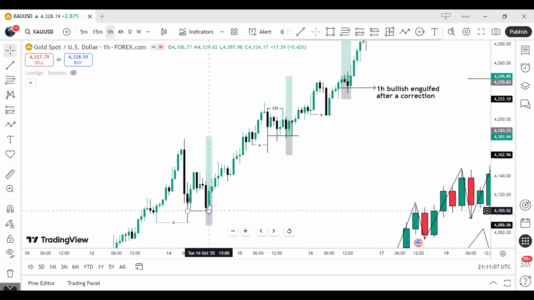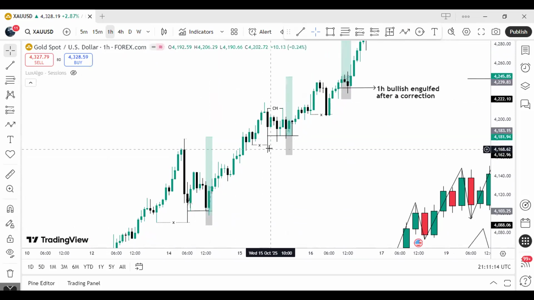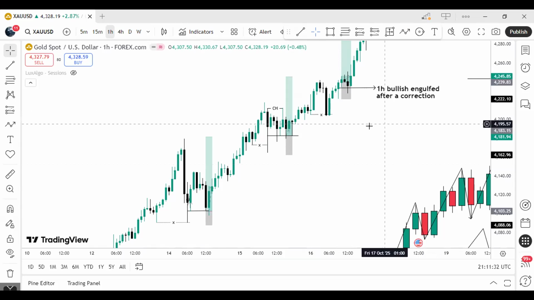So I caught this trade here. It printed me 5R, pure 5R. And I caught another one on the 15th, right? October. It was during London session. This one was actually yesterday's trade during New York session, I mean to say, right? I caught this trade and today it actually printed full take profit.